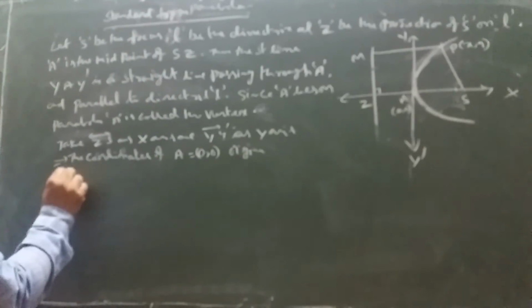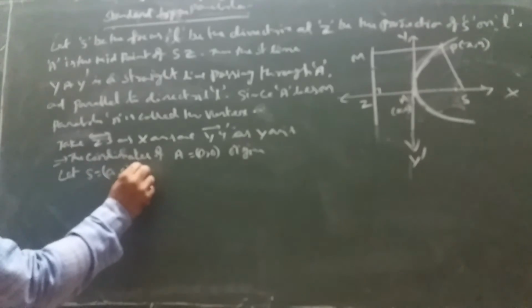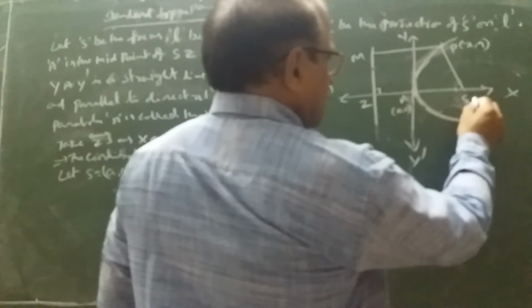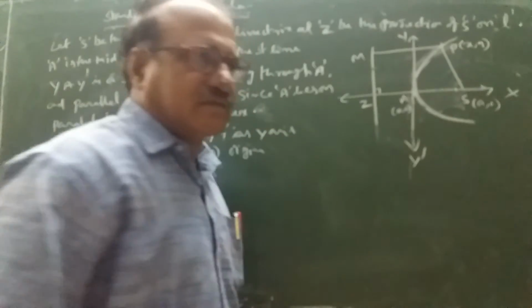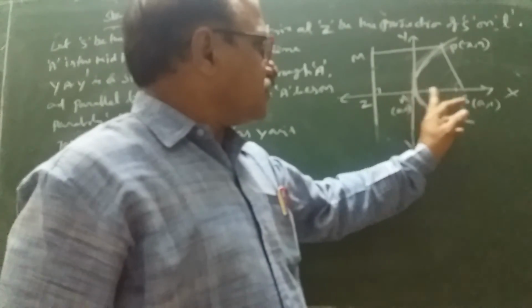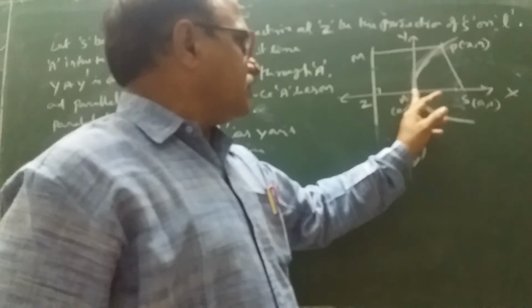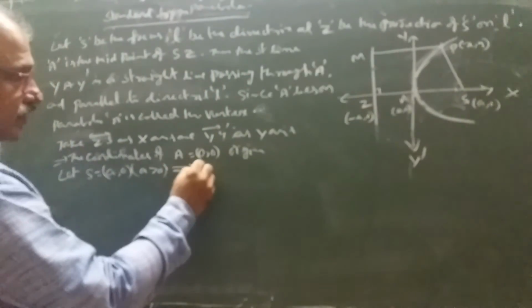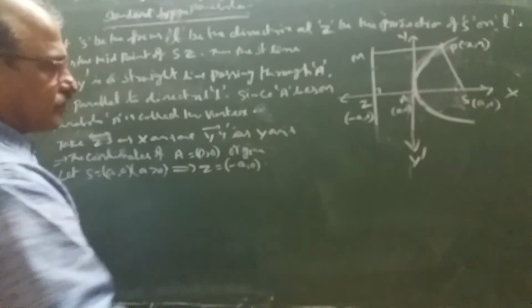Let S = (a, 0), where a is greater than 0. Since this is the x-axis, the y coordinate is 0, and the distance from A to S is a. Since SA = AZ, Z = (-a, 0). That implies the coordinates of Z are (-a, 0).